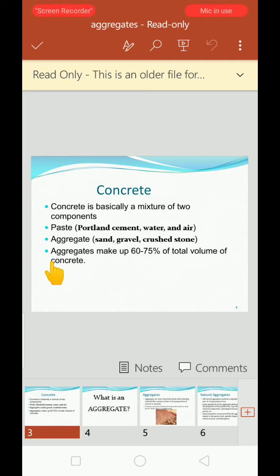Aggregate makes up 60 to 75% of the total volume of the concrete. If we prepare 1 kg of concrete, then 60 to 75% of that will be the weight of aggregate only, whether sand, coarse aggregate, gravel or crushed stone.